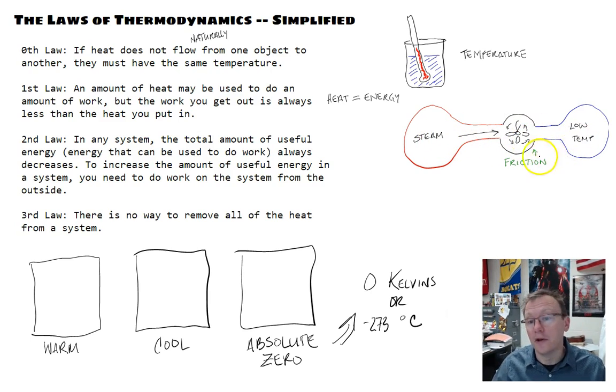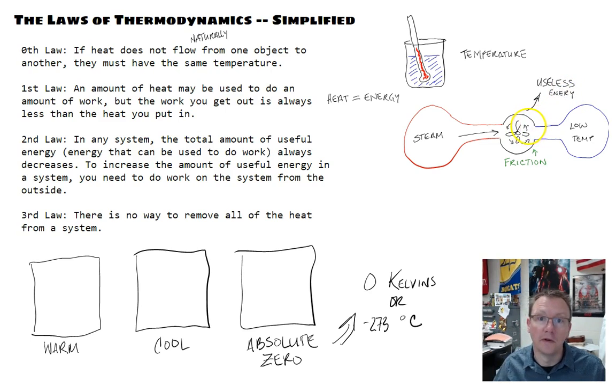Now there's a couple of problems with this. One is that we can't take all of the friction out of this fan blade, and so some of the energy, you can think about energy as flowing from one side to the other, goes out in the form of useless energy. We would normally call it thermal energy, but to make it different from the energy that we're talking about in the system, we're going to call it useless.